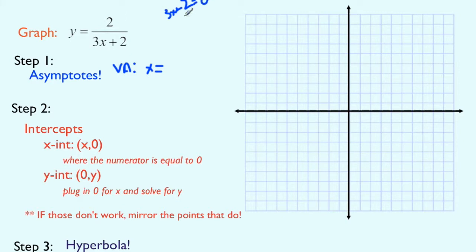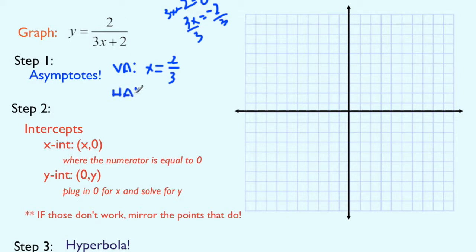Subtract 2 from both sides, you get 3x equals negative 2. Divide by 3, x is negative 2/3. You can groan with me. That'll be kind of a pain to graph. It'll be okay though, I promise.